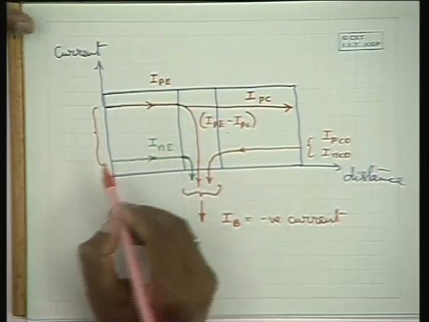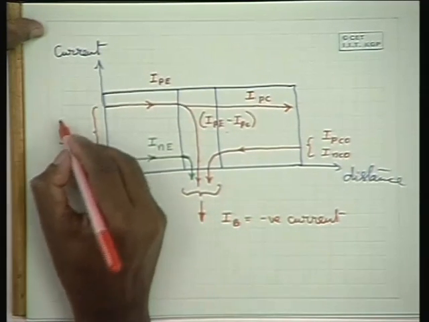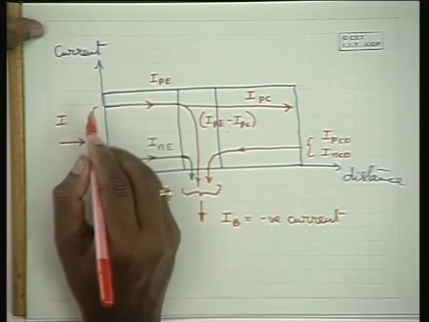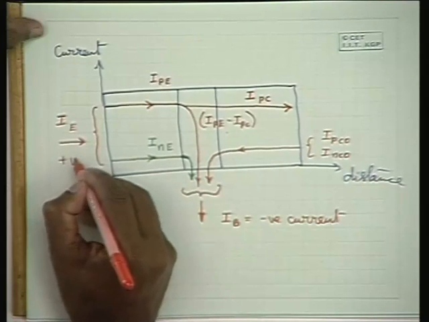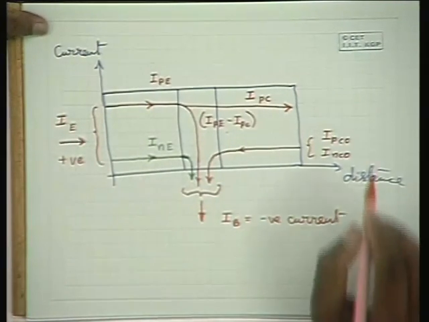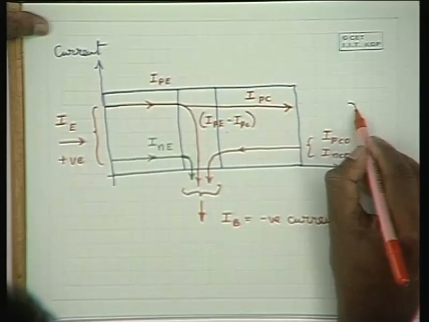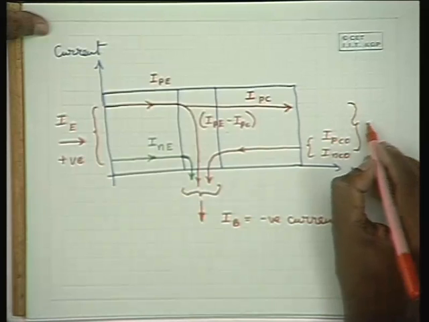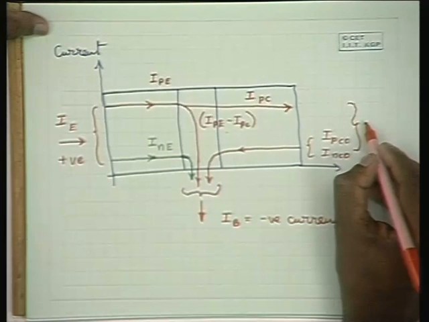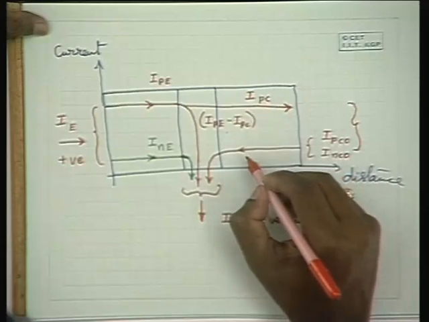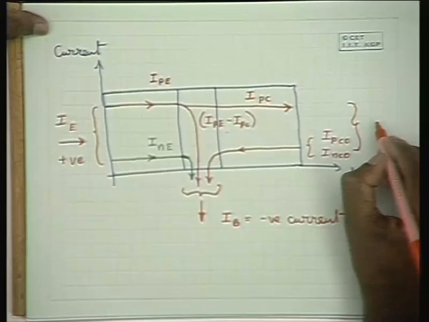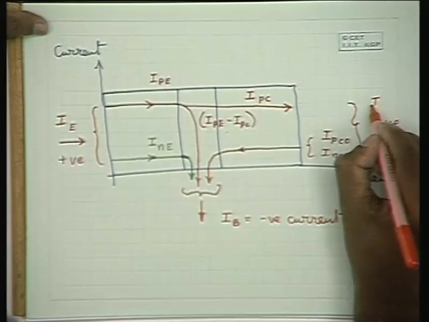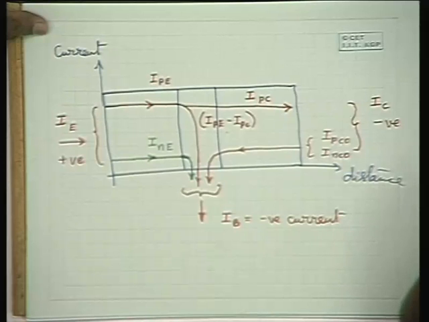And these two put together make the emitter current, which is positive because it goes inside, and these two put together make the collector current, which is this minus this, and that is usually negative. So, these are the current components in a transistor.